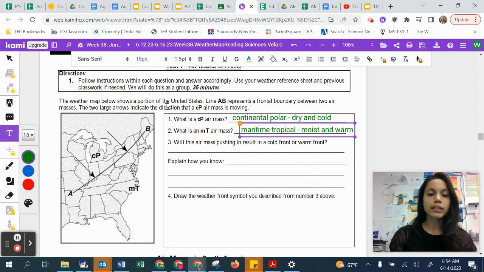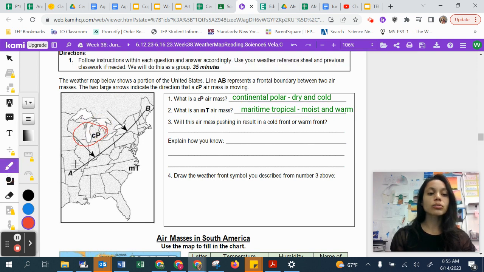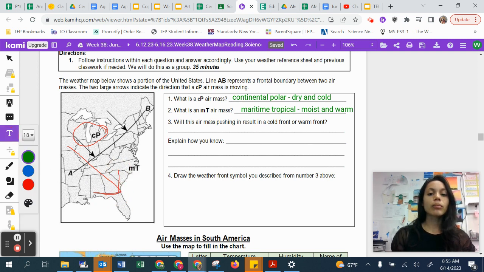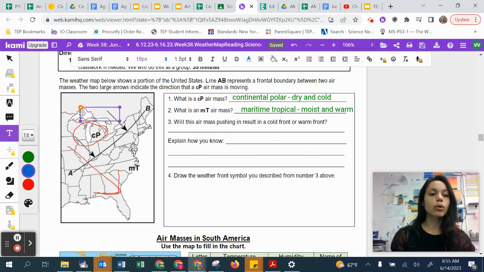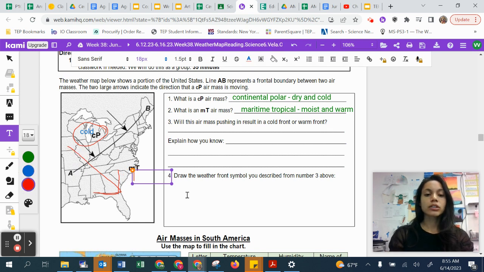Number 3: will this air mass pushing in result in a cold front or warm front? Acknowledge what CP is and where CP is going. It's going toward the MT. We already know CP is cold, and we see that the CP cold mass is pushing into a warm mass. When a cold mass pushes into a warm mass, which type of front would be taking place?